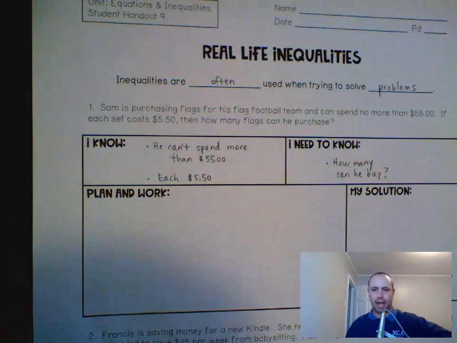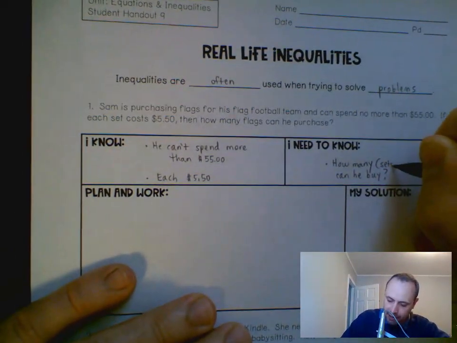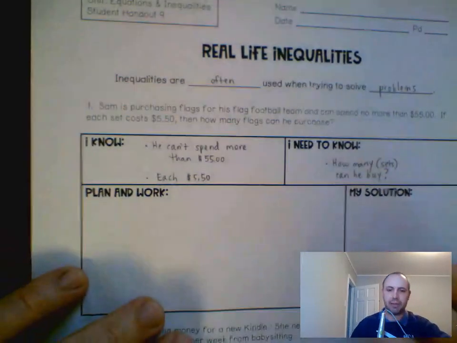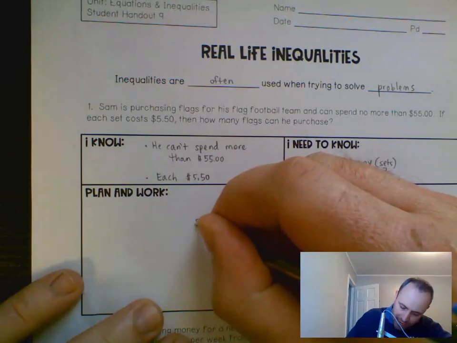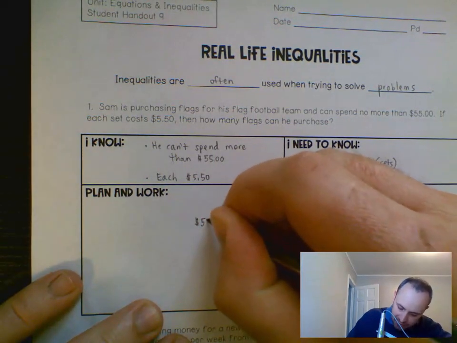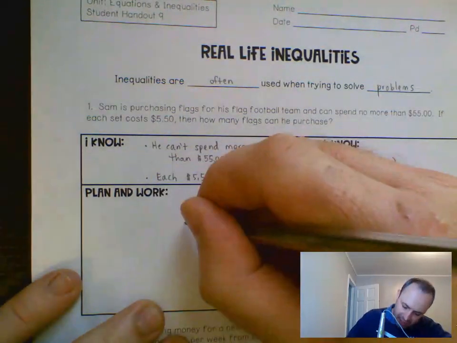How many can he buy, or if you want to say, how many sets can he buy? If the most he can spend is 55 bucks, then we have to set this up like this. That right there is the most he can spend.